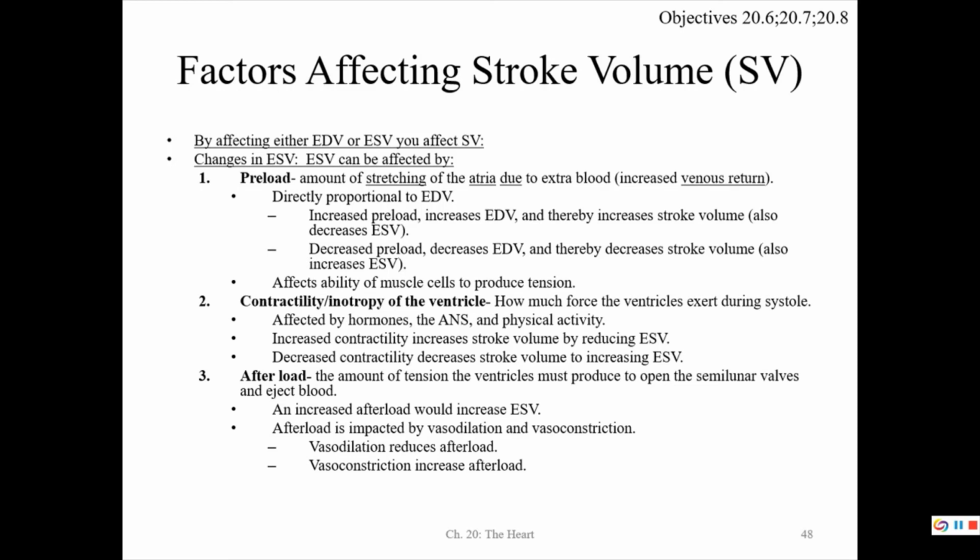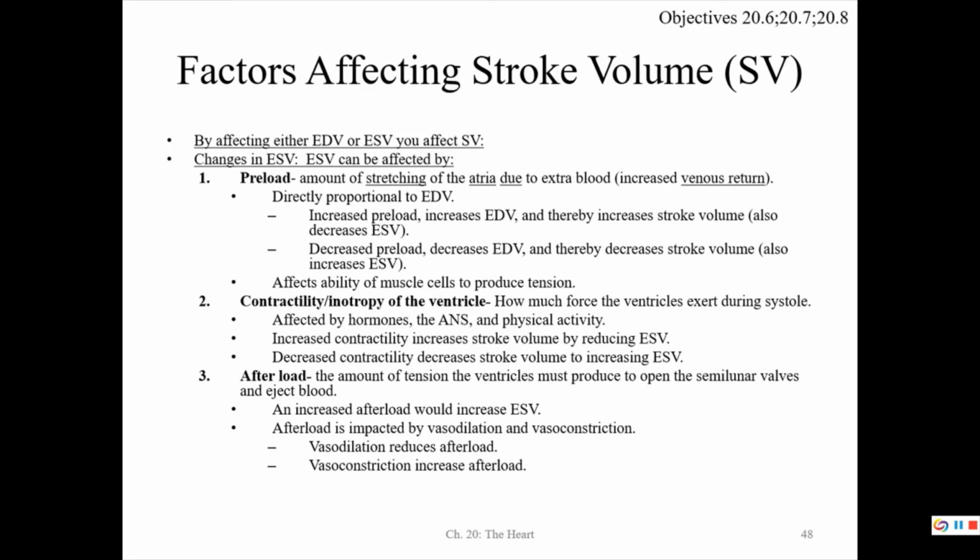For example, the sympathetic nervous system can make the heart squeeze harder. Excellent physical activity can make the heart work more effectively and efficiently. If I increase contractility, stroke volume goes up because I squeeze harder and ESV goes down. But if contractility goes down, stroke volume drops because my ESV went up, because I didn't squeeze as hard.